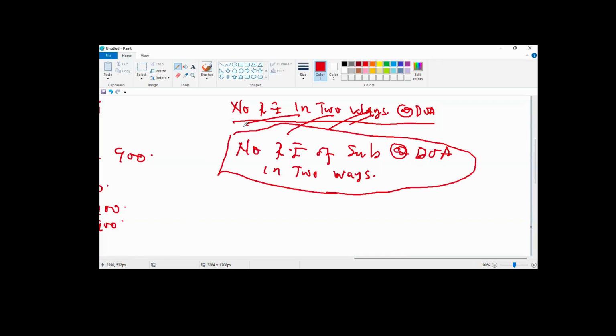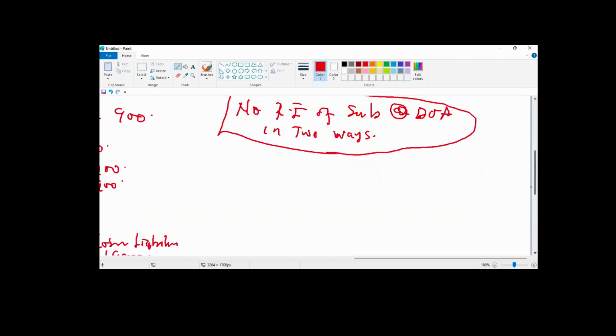The first one is when it is during the year acquisition. The second one is at incorporation.